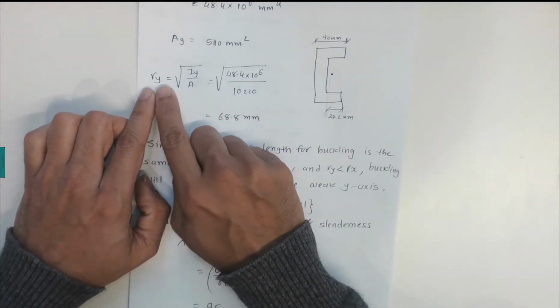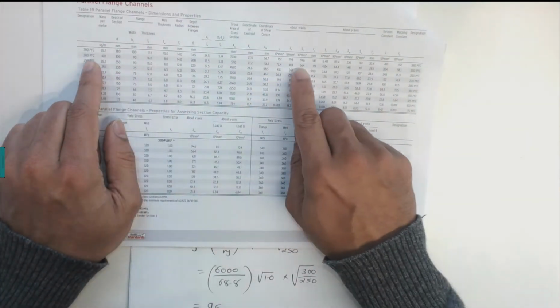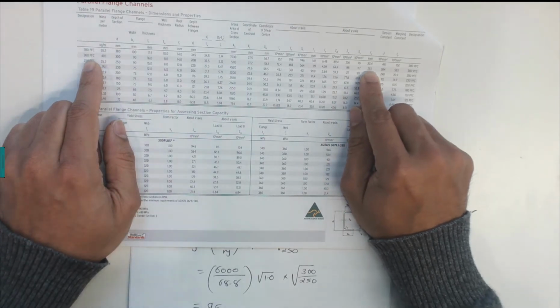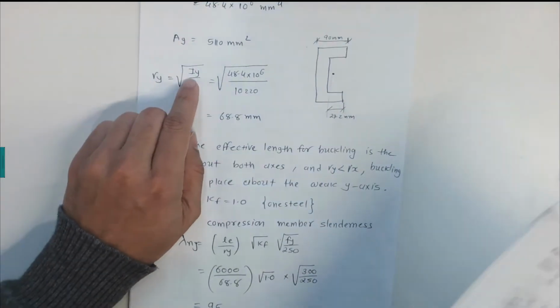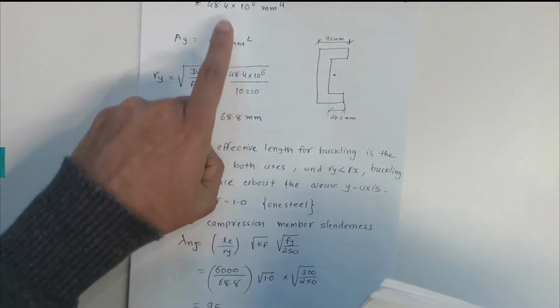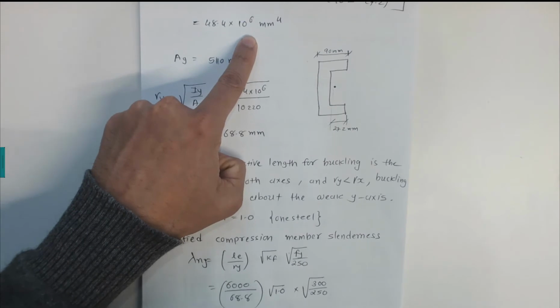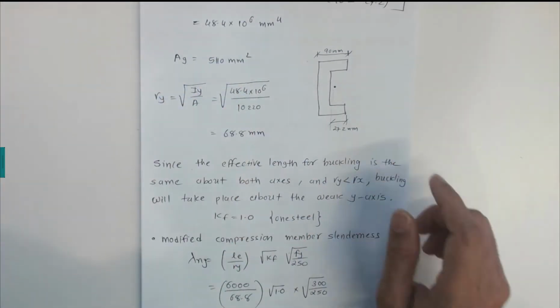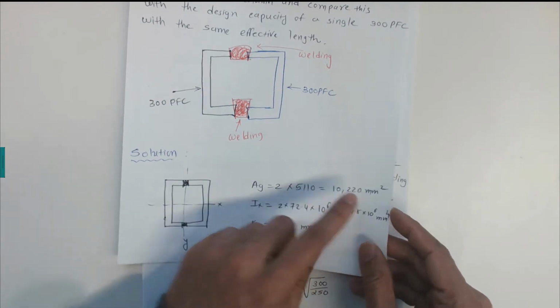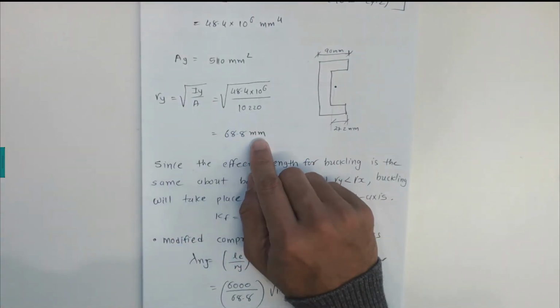Now the radius of gyration about the y-axis. In the OneSteel tables it is also given as ry, but this ry value, which is 28.1, is for a single channel. We need it for double channels. So the Iy value for double channels over the area of the double channels, so 48.4 times 10 to the power 6 that we calculated, over the gross area that we calculated, 10,220, gives 68.8 millimeters.